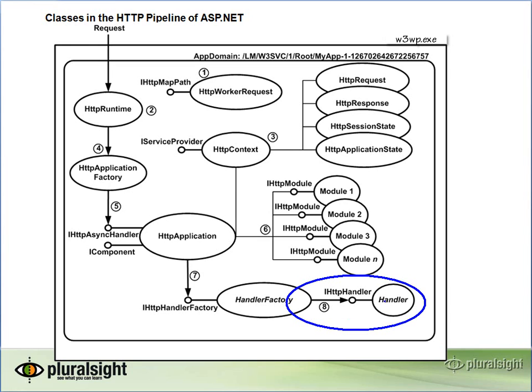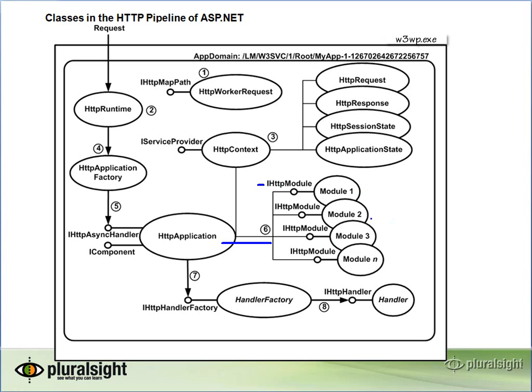Now, one other piece of information that's useful to know is hanging off of the application here are a series of modules. So these are modules that can intercept various events that happen in the application, and they all implement the HttpModule interface, and they can do whatever is useful at intercepting and processing or manipulating the request.